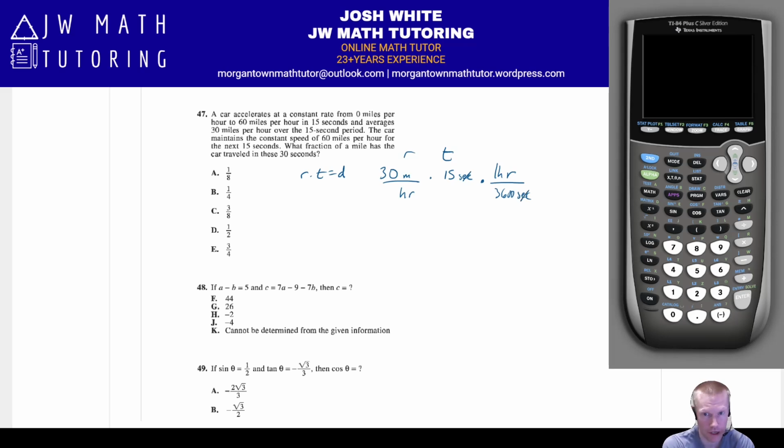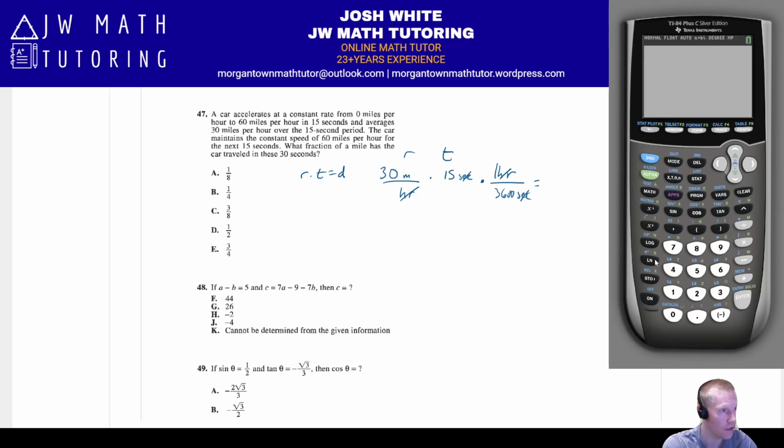Now the seconds cancel out and the hours cancel out, so we can just multiply across. It's going to be 30 times 15 divided by 3,600. I'm going to go to the calculator to do that, and this will be the distance for the first 15 seconds of the trip. Notice it's 0.125, or if I go to the math menu and convert it to a fraction, it is 1/8 of a mile.